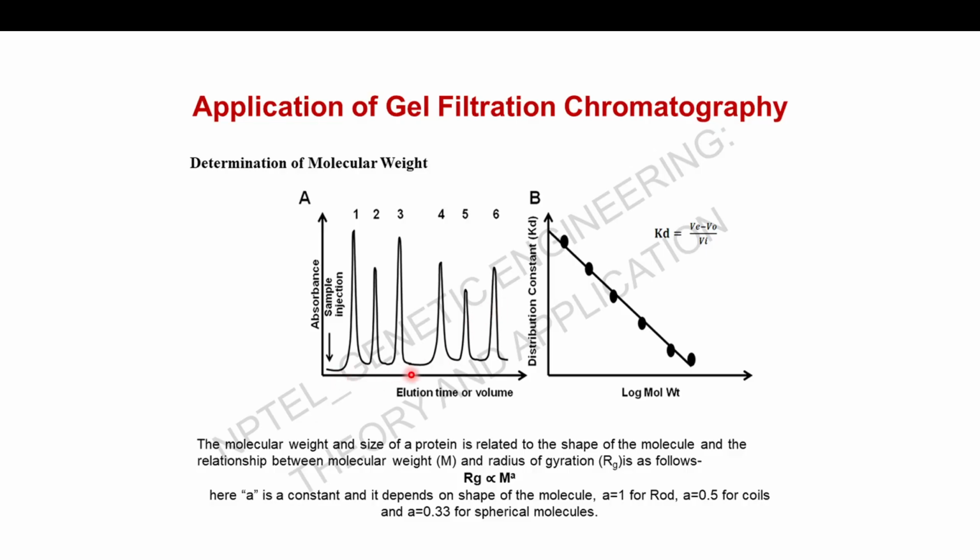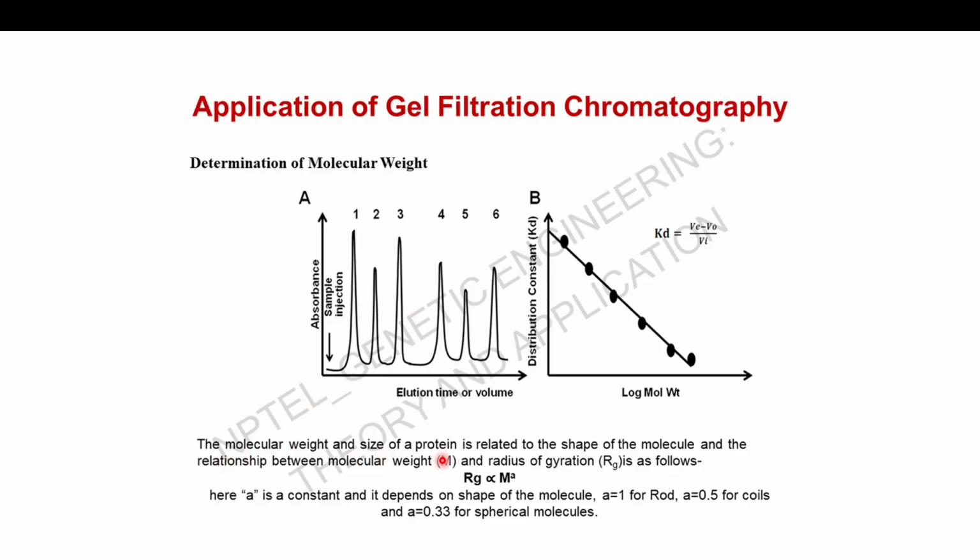So if we see from this profile, 6 has the least molecular weight, so it elutes out at the end, and sample 1 or molecule 1 has the highest molecular weight. So 1 2 3 4 5 6 is the decreasing order of molecular weight of the molecules in the mixture.